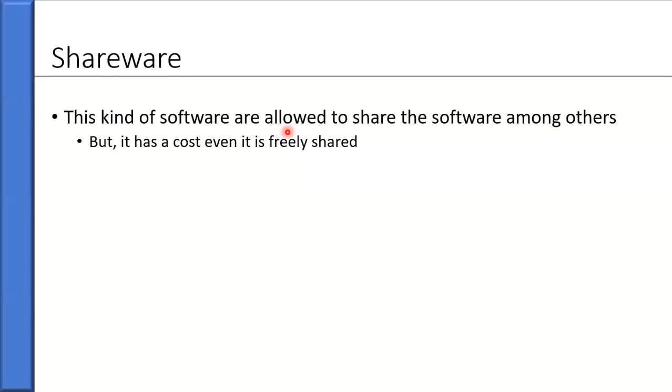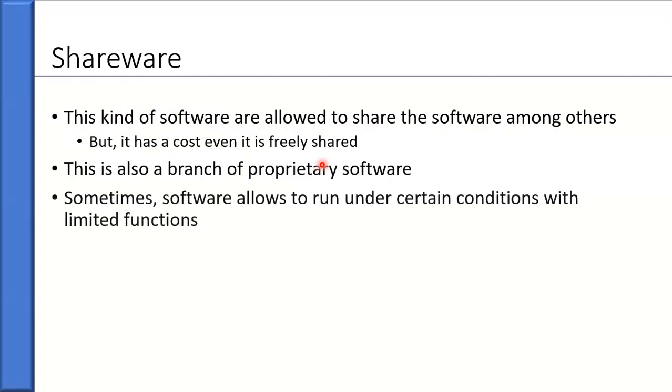And shareware. Shareware is a kind of software that is allowed to be shared among others, but it has a cost, even though it's being shared. So shareware is like a gray area between free software and proprietary software. Now, this software is provided under certain conditions or with limited functionalities.